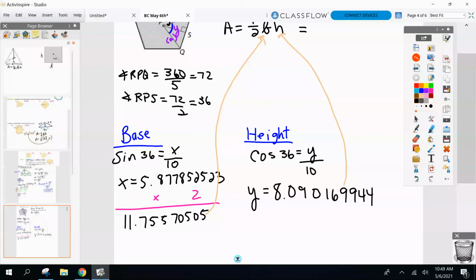So I'm getting about 47 and change here. 47.55282,583. And then multiply that by?